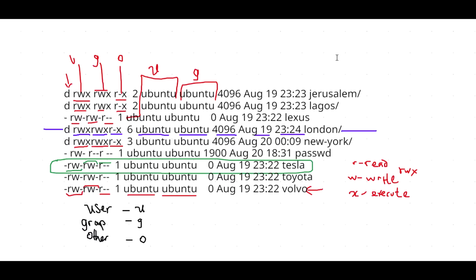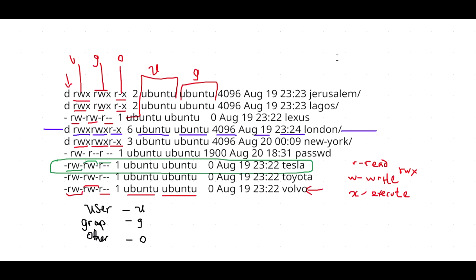Grouped in 3 bits: read, write, execute; read, write, execute; read, and execute. So these are the 4 parts of permissions: the first one tells you what kind of file it is, then the first group, second, and the third, all together making 4, right?